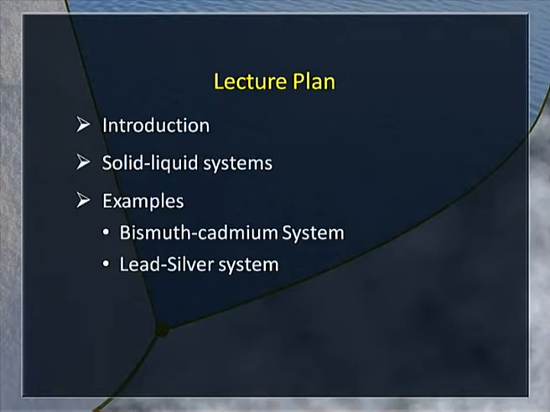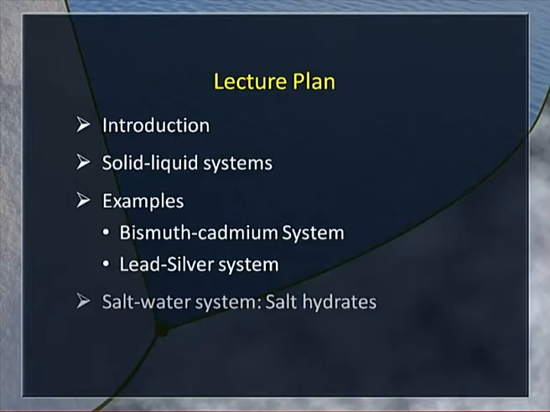These two systems we will be discussing in detail. The other examples will be mentioned, but then there is one class of systems which are very useful and very interesting, the salt water systems, in which the salts form hydrates.